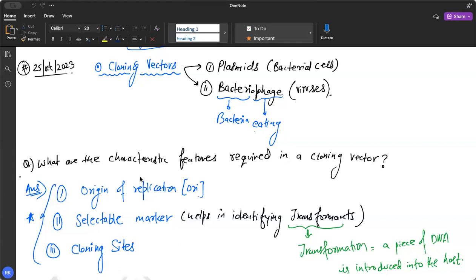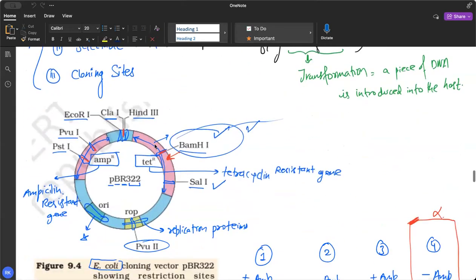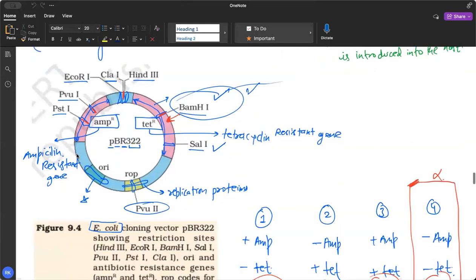Then we talked about cloning vectors like the plasmids, synthetic plasmids that already have all these sites for restriction enzymes to work. They are called restriction sites.